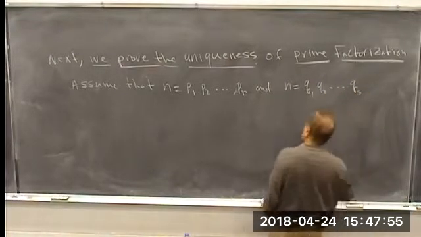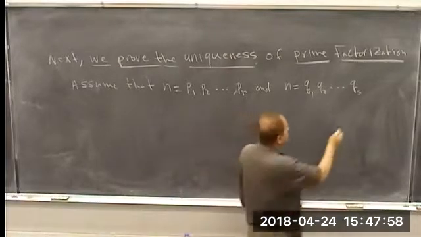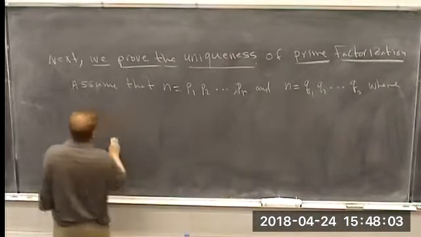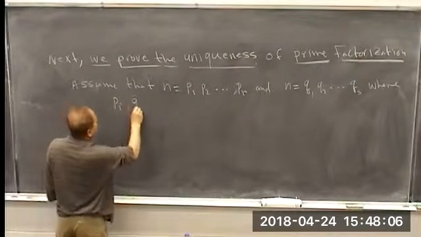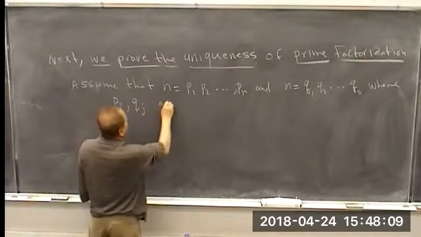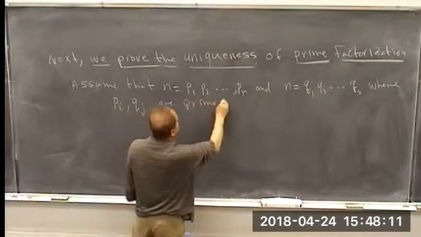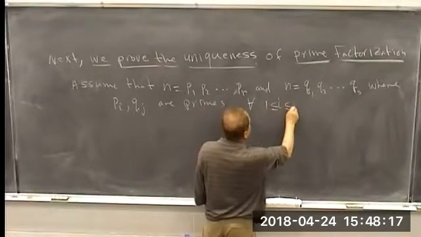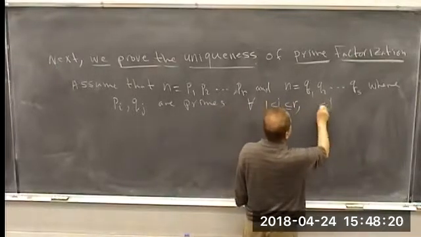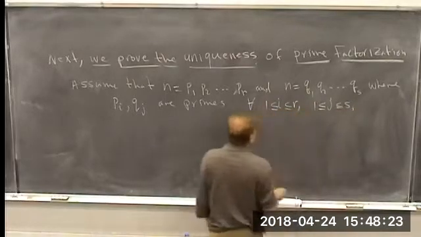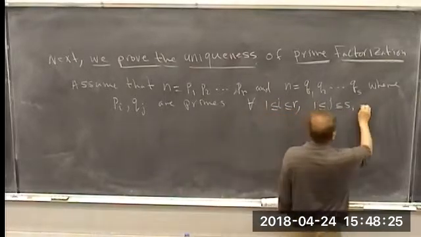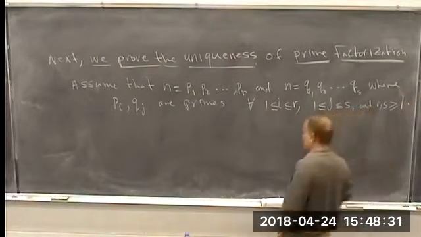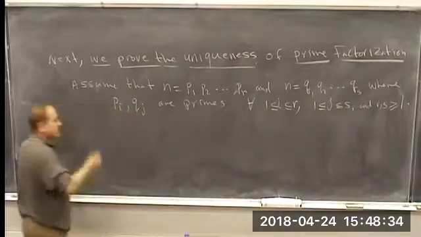So we have to assume this, where the P_i and Q_j are primes for all i between 1 and r, and j between 1 and s. And of course, r and s are bigger than or equal to 1, these being positive integers or natural numbers.